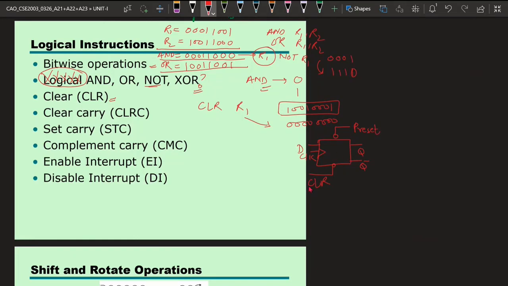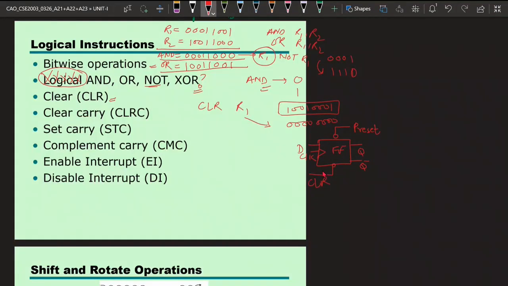Clear and preset. In case of flip-flops, we know it stores 1 bit of data. So if we are going to store 1 bit, that will be stored with respect to the D input. So D will be input, output will be Q or Q bar. Q and Q bar are called complement outputs.